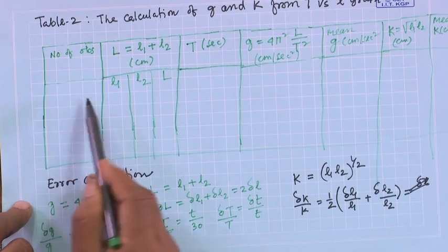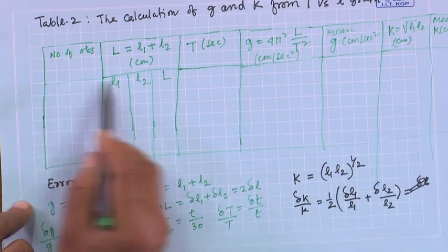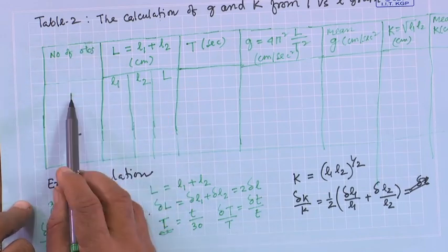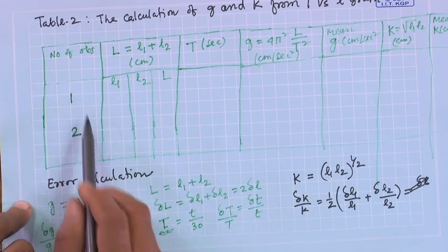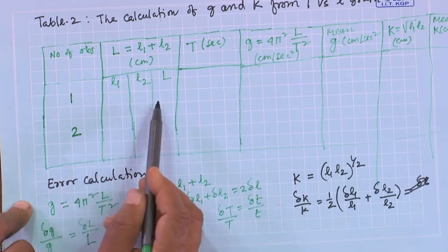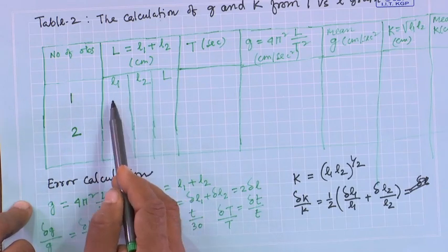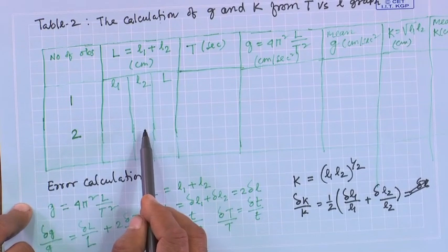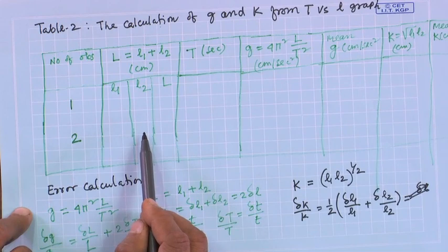Just write this as number of observations, 1 and 2. In one case C P 1 and C P 2 will be L 1 and L 2, and in the other case C P 1 dash and C P 2 dash will be L 1 and L 2.